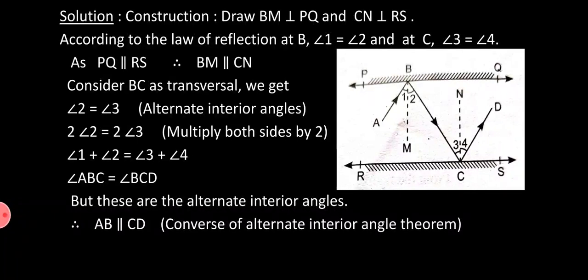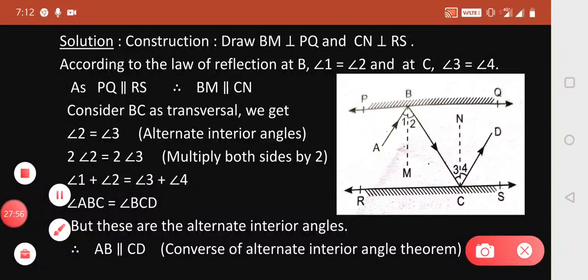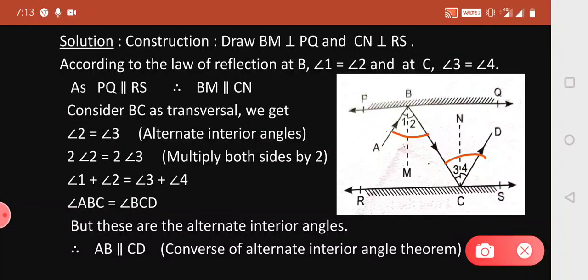Therefore, we write AB parallel to CD according to the converse of alternate interior angle theorem. We have already seen that we have proved that these two angles are equal, ABC and BCD, when transversal BC intersects the two lines AB and CD.